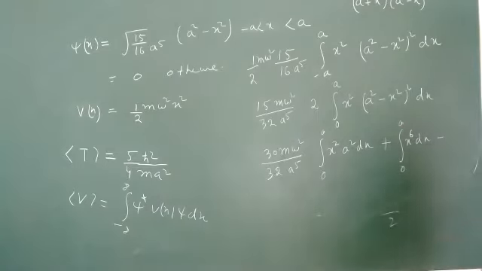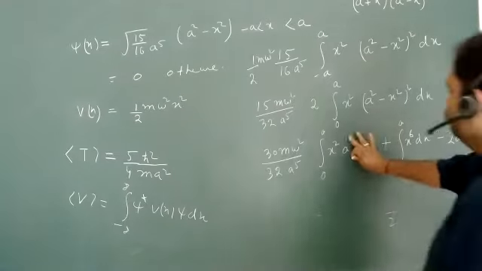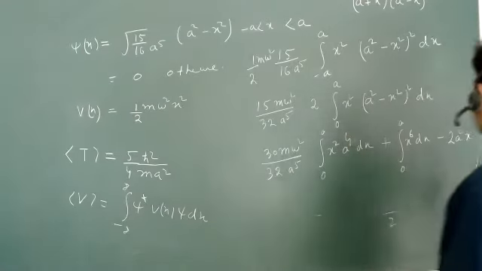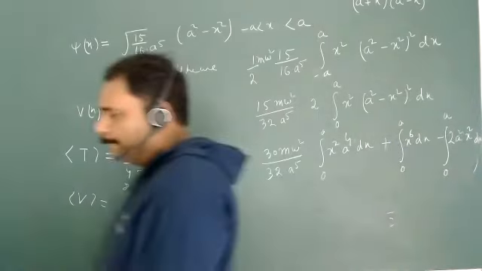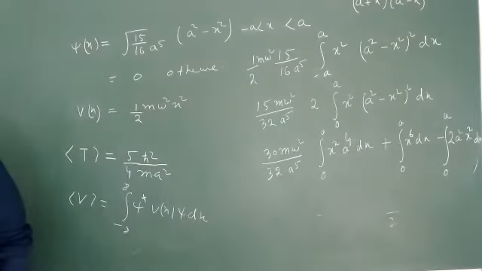So that value is minus 2a square, and sorry, this will be a^4. 2a square into x^4 from 0 to a dx. Clear, right? Take a look. Everybody comfortable?